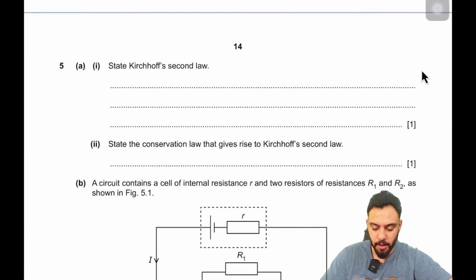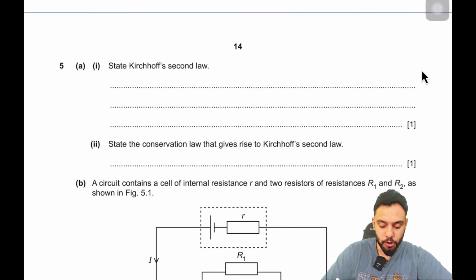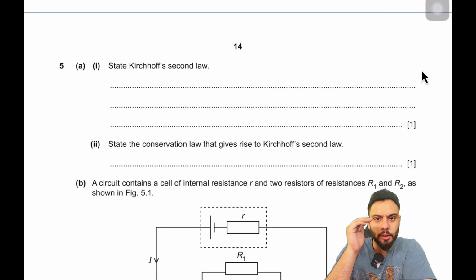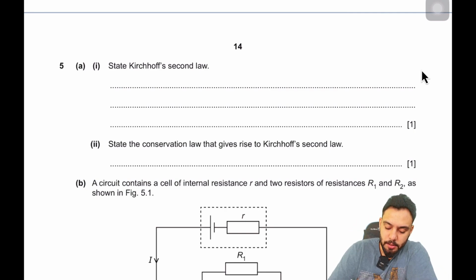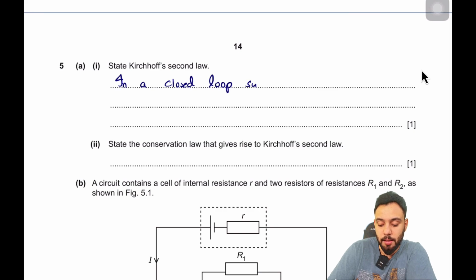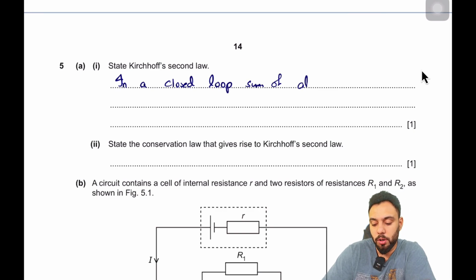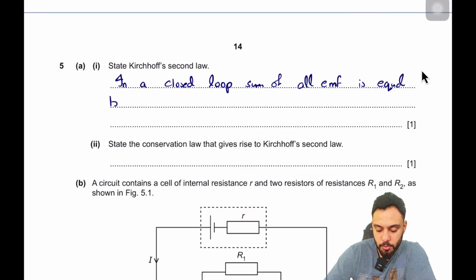All right, question number 5 states: state Kirchhoff's second law. So Kirchhoff's second law states that, starting from a point in a closed loop, the sum of all EMF is equal to the sum of potential differences.